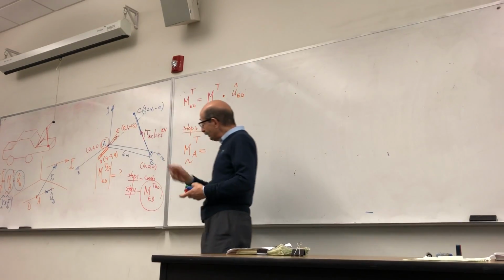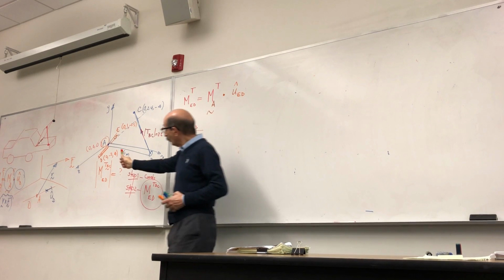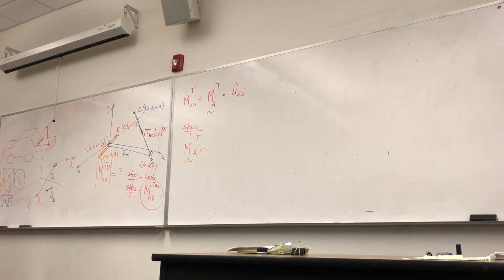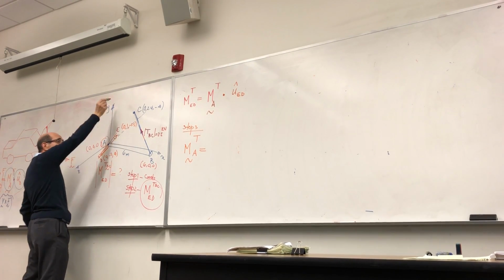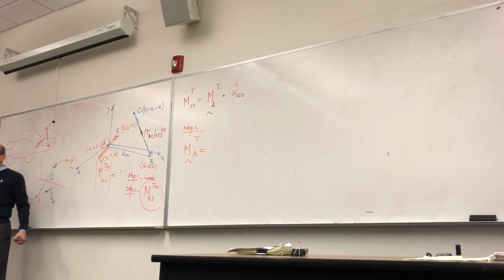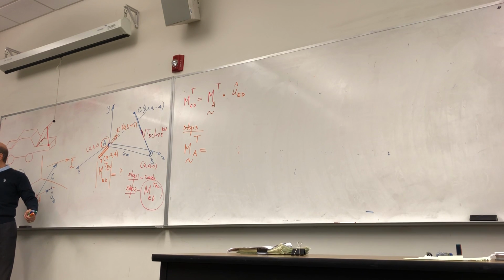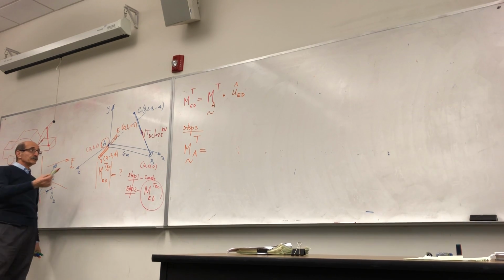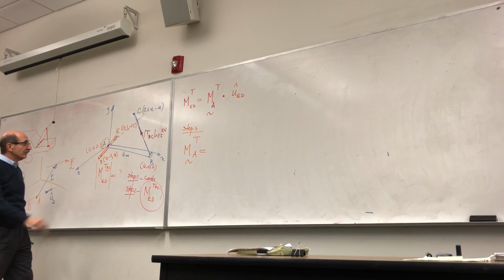Why did we choose A? Because moment of the force about point A, right, is what? A position vector that connects A to any point along this force. What point would be the best to choose? B, yes, you got 2 points. Why?